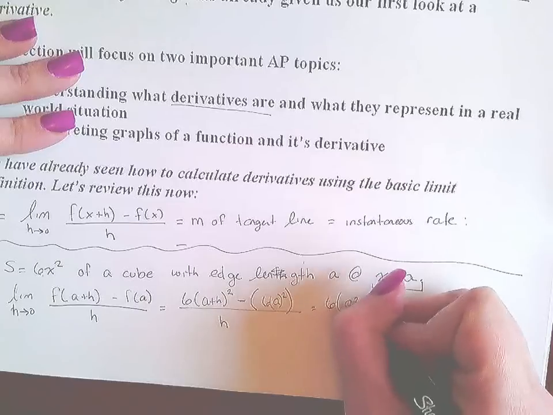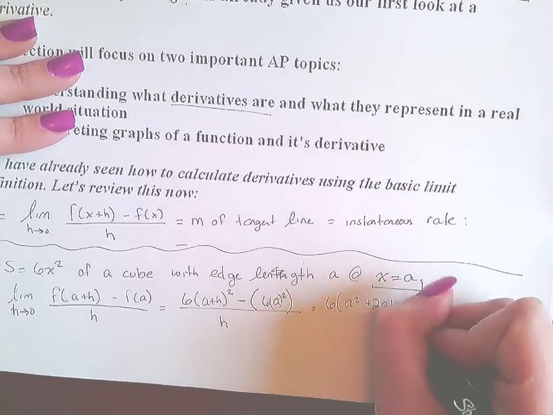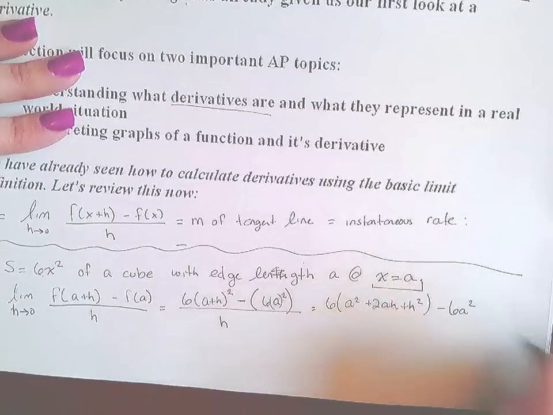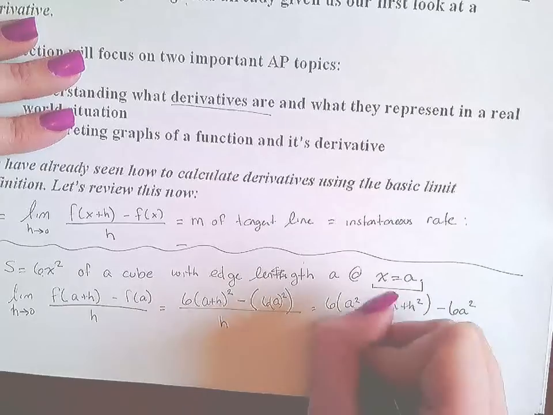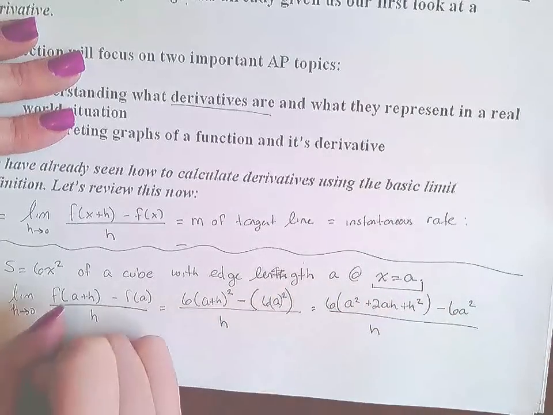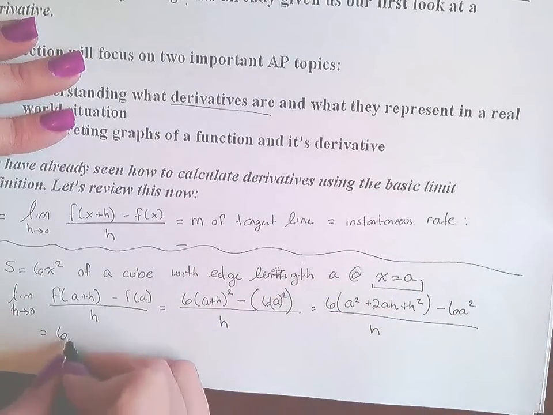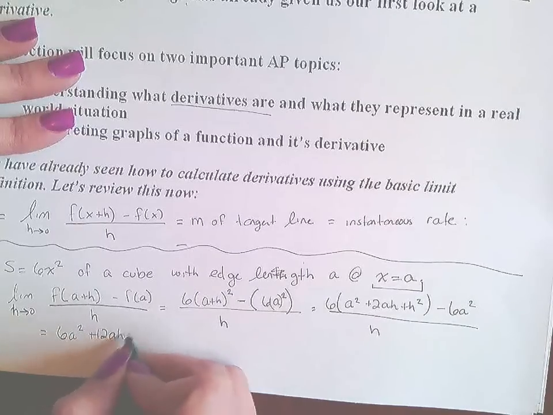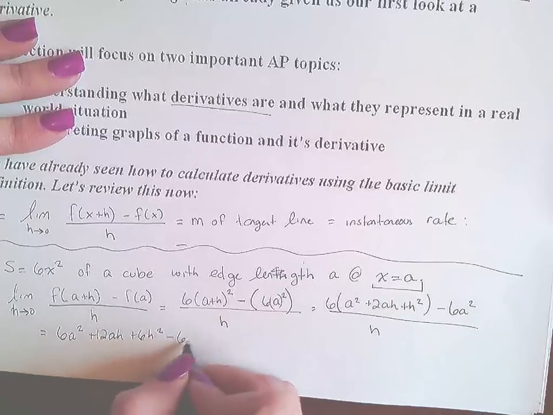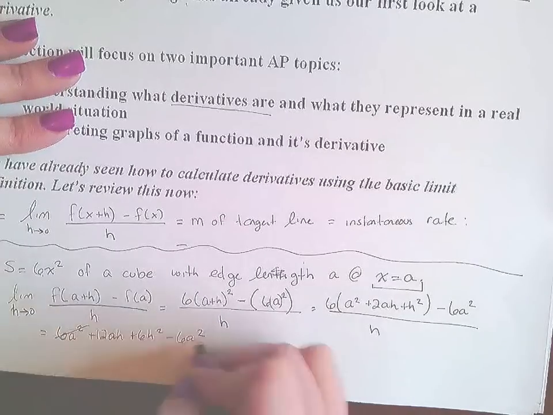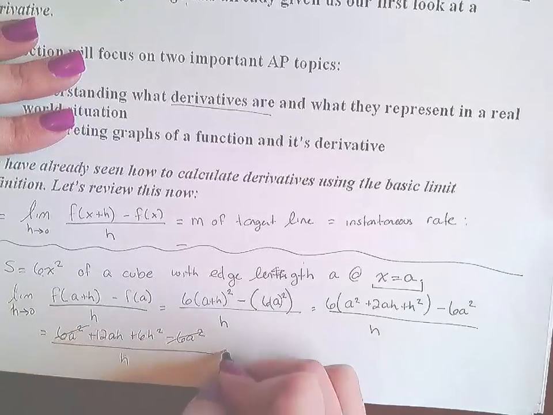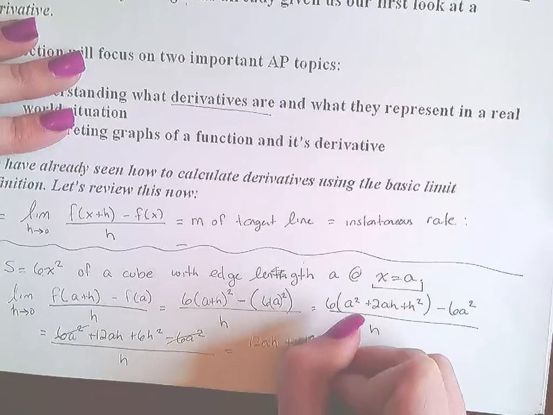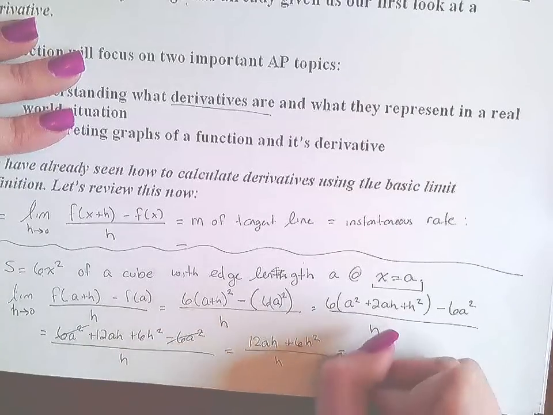So you have your a squared plus 2ah plus h squared minus 6a squared over h equals, distribute the 6, so 6a squared plus 12ah plus 6h squared minus 6a squared, and you notice that these cancel out and you're left with 12ah plus 6h squared over h.